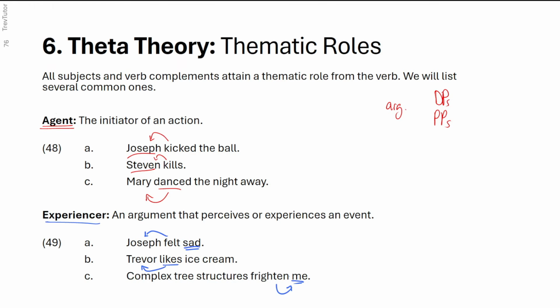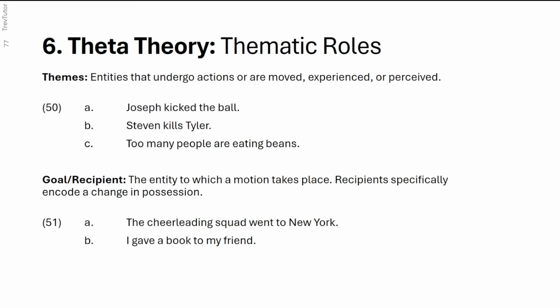So although in all the previous examples we've had subjects taking these roles, these don't have to be limited to subjects. They can occur in different positions. So we really have to think about the meaning of our determiner phrases to figure out what type of role it is. Now we have a couple more.